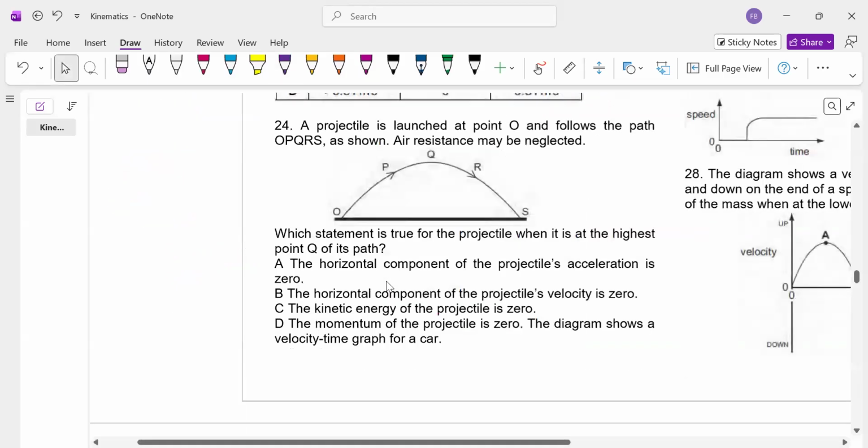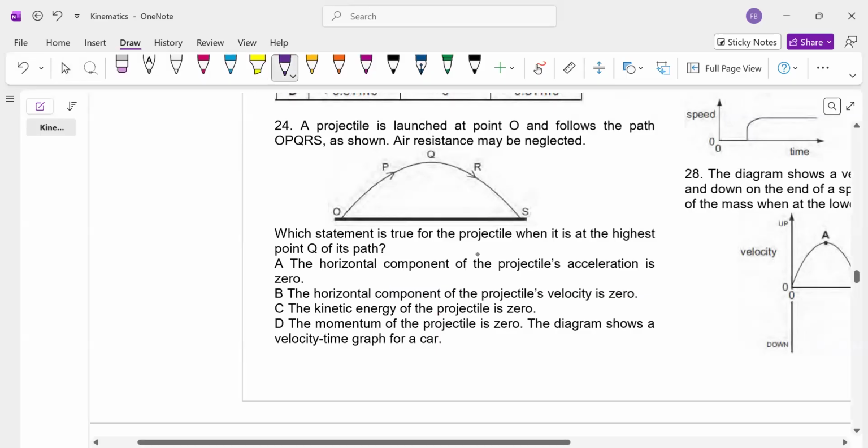A projectile is launched at point O and follows a path OPQRS. Air resistance may be neglected. Which statement is true for the projectile motion of this body when it is at highest point Q? We have discussed it earlier.